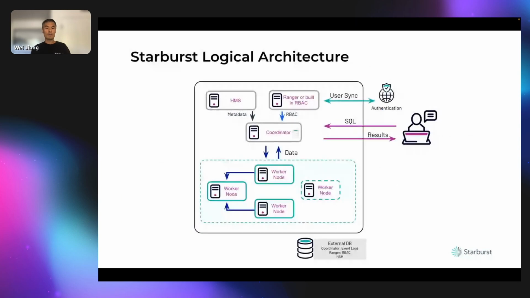So, how the Starburst architecture works: again, we are a standalone system. We are just one single coordinator that comes up with the best cost-based optimized way to run the query. And that happens in a split second, very quickly.